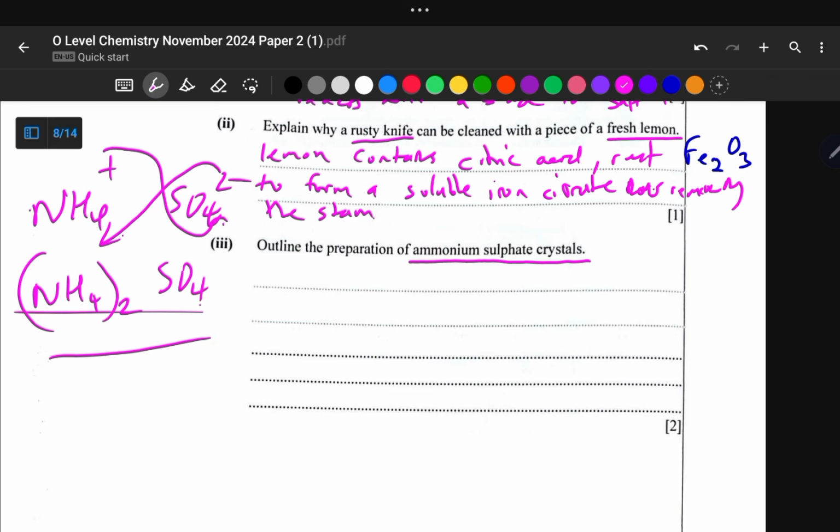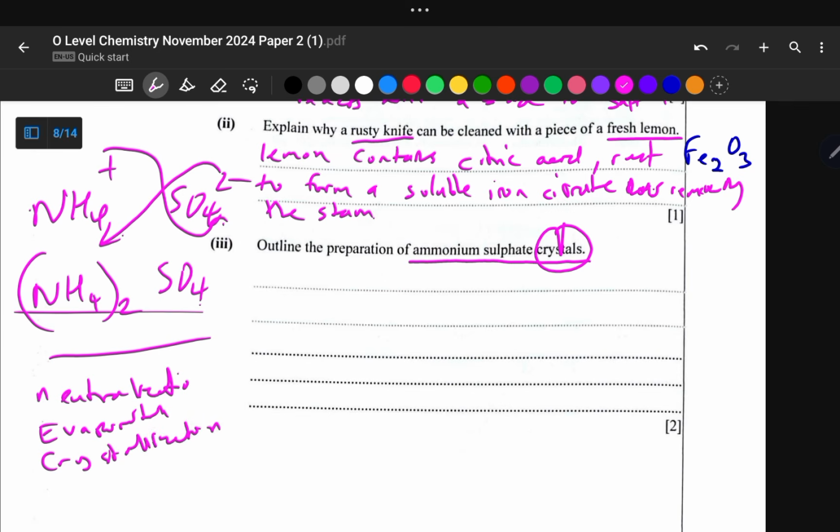So for the manufacturing of ammonium sulfate crystals, we are going to use the method of crystallization. First you need to know that for crystallization, we're going to have the neutralization reaction, then evaporation, then crystallization, and finally the drying process, right?